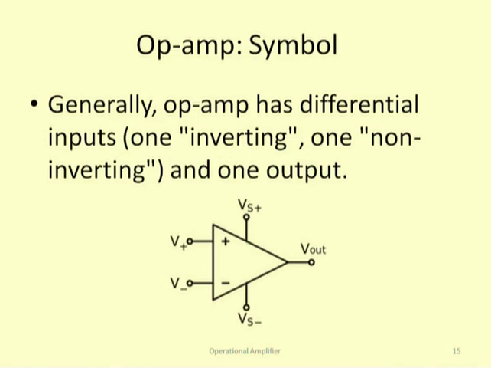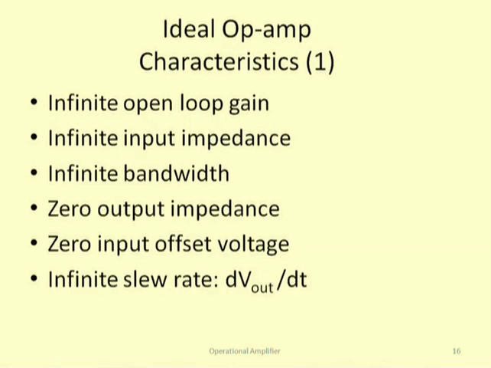Generally, this input offset voltage is not a desirable property of the amplifier. It should be as minimum as possible, or ideally it should be 0. But because of the mismatch in the input components which takes place during fabrication, the input offset voltage will not be equal to 0.